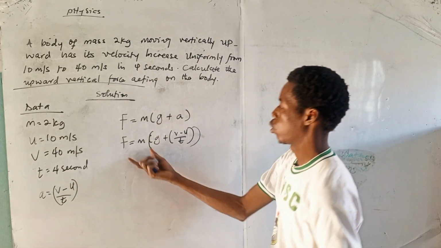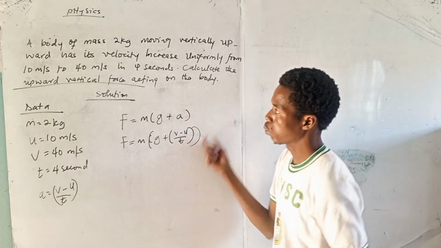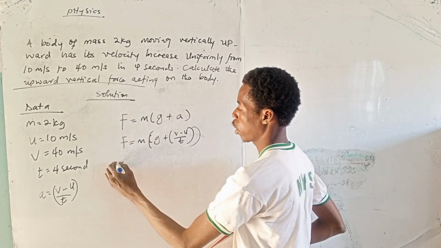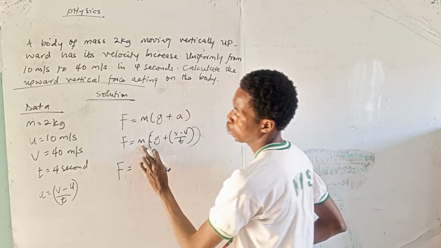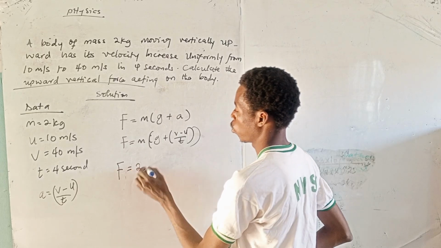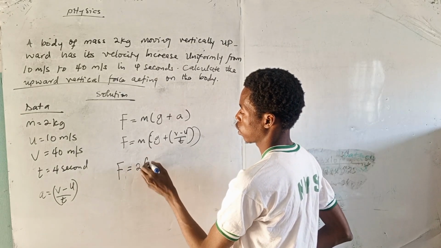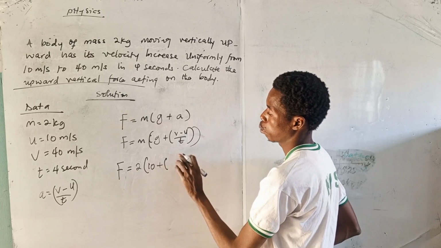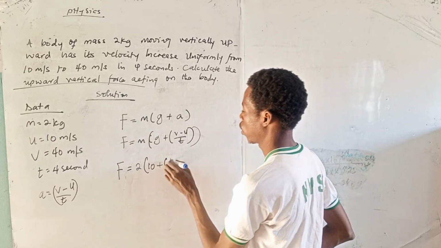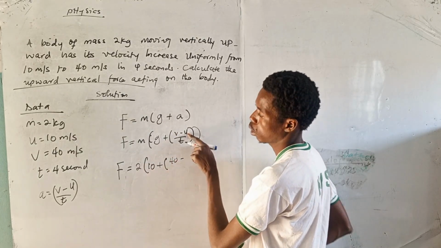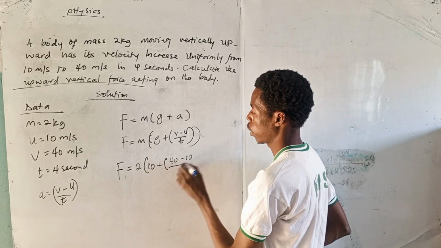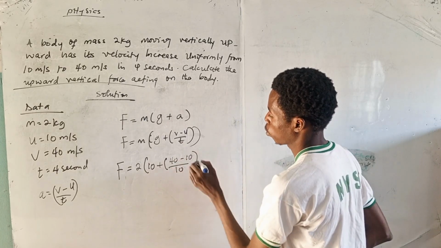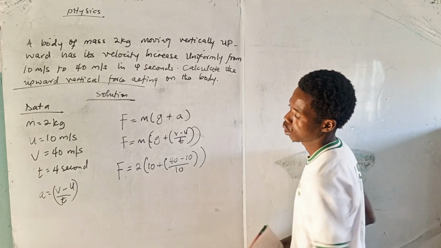So that's it. This is the formula that we are going to use to find the upward vertical force acting on the body. So F equals M, which is mass 2, open bracket G is 10 acceleration, plus open bracket V final velocity is 40 minus initial velocity 10, divided by time T, 4, close bracket and then close the main bracket.